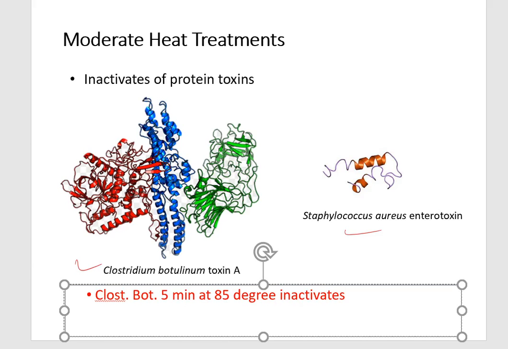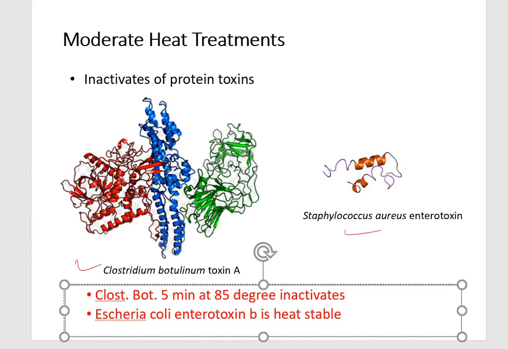But not all toxins are inactivated by heating, because many toxins are non-proteinaceous. That means many toxins do not contain protein, and they are not denatured by heat. For example, Escherichia coli toxins are heat stable.